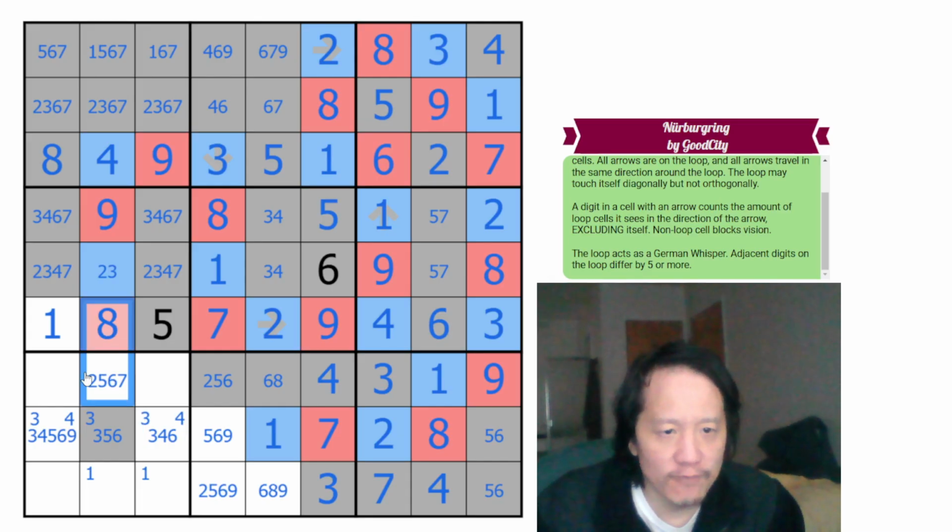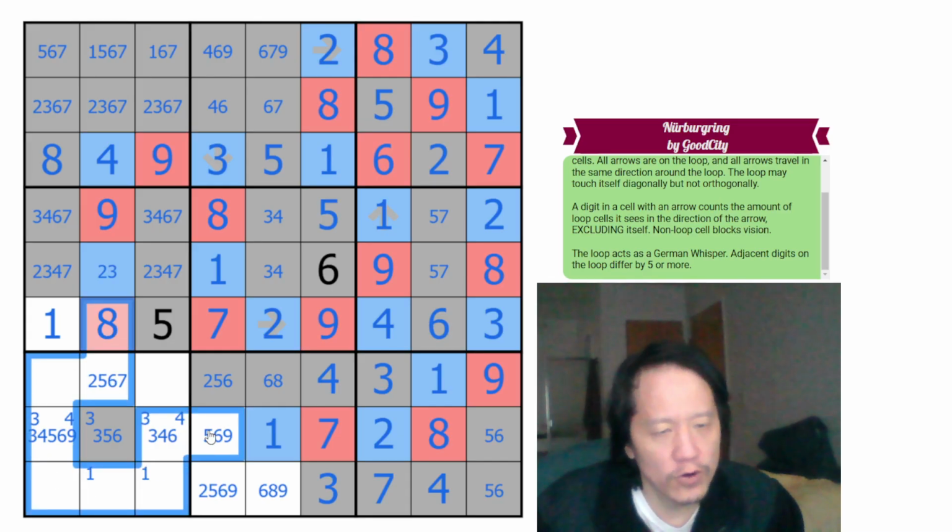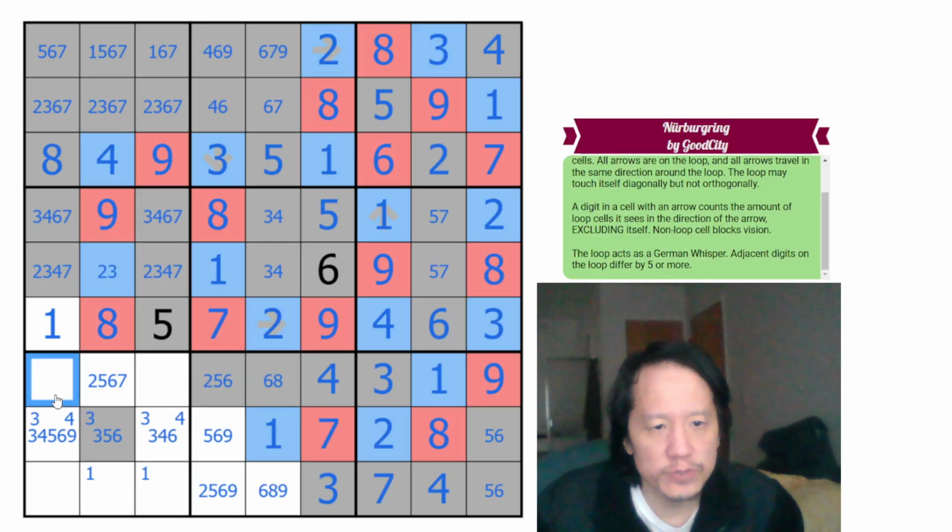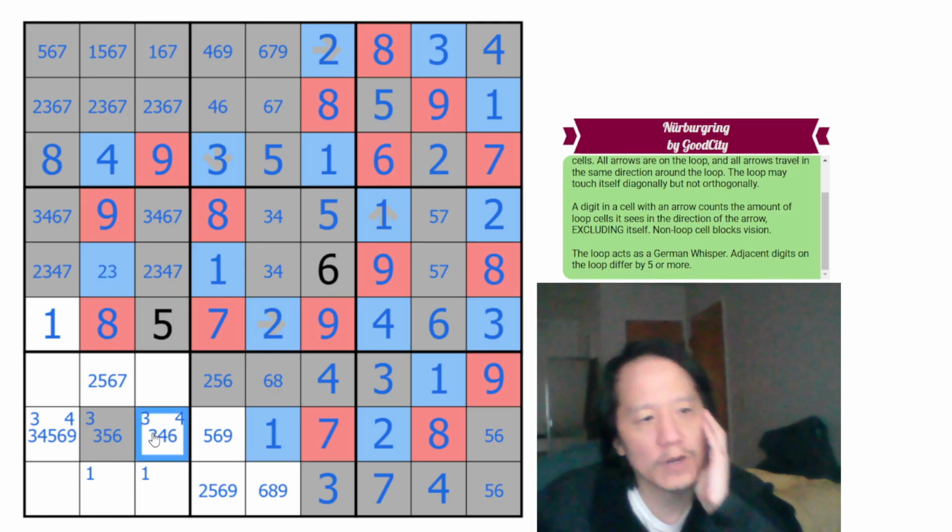So you cannot have both of these essentially be 4, because 4 would have to be next to 2 unique digits on the German whisper line. So one of them is not on the line, and one of them is. And the one that's not on the line has to be 4.